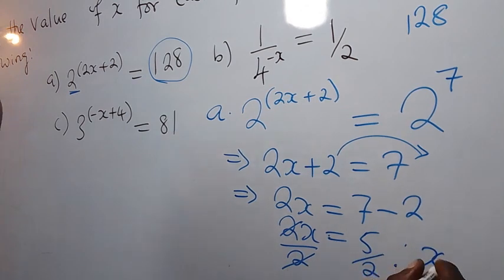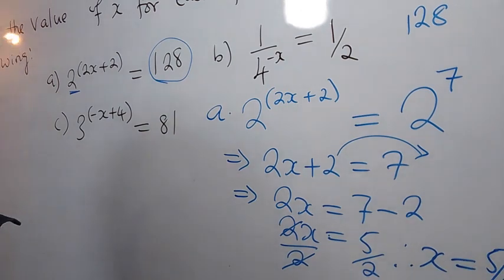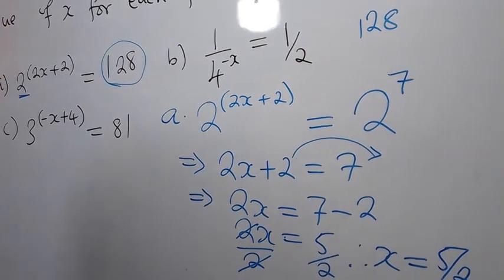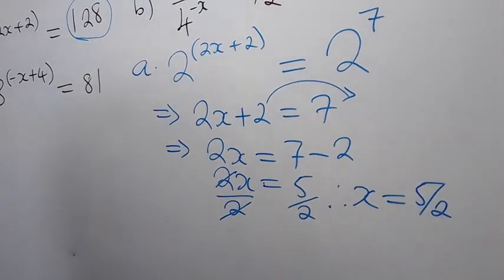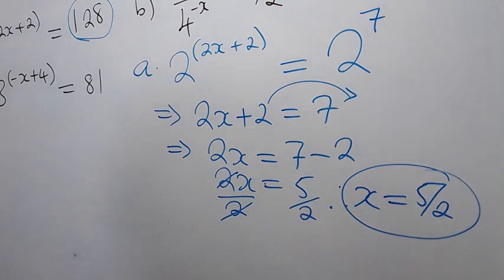Therefore x, the value of x, is 5 over 2. So the value of x is 5 over 2, which is this one. That's how you can simplify that. So what is the takeaway?